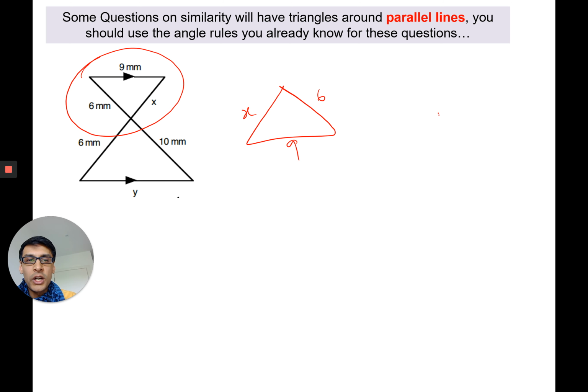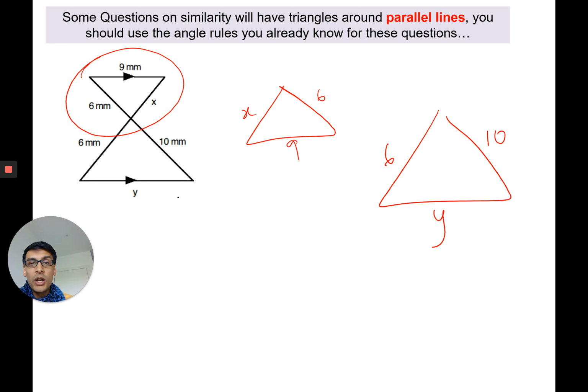And then the triangle on the bottom stays the same, so you have Y, you have 6, and you have 10. You can then work out the scale factors. To go from 6 to 10, the scale factor is, well, I multiply by 10 and divide by 6, so 10 over 6. That can simplify to 5 over 3. This is the scale factor.